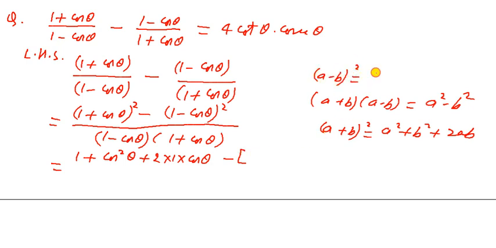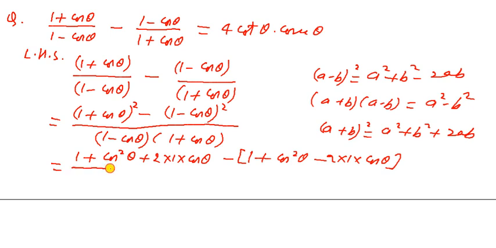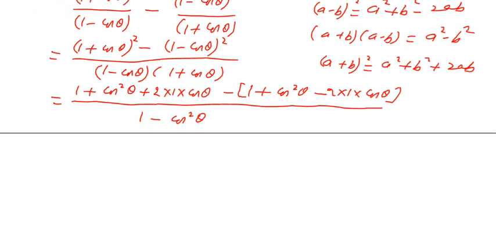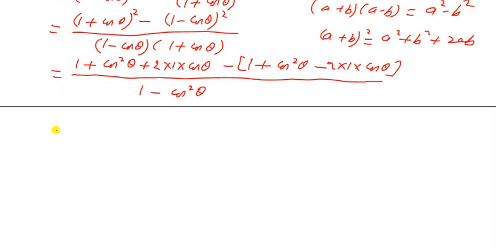It is (a minus b) whole square, that means a square plus b square minus 2ab. So now we can put 1 square plus cos square theta minus 2 into 1 into cos theta. Now in the downwards, that is the denominator, it becomes 1 minus cos square theta.